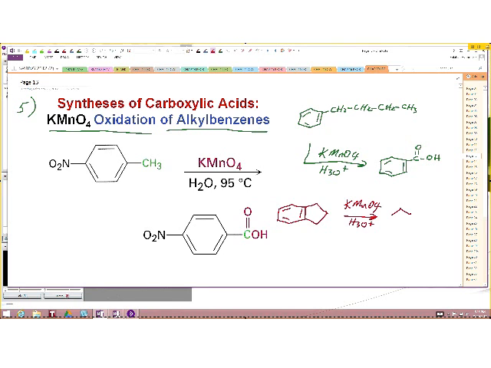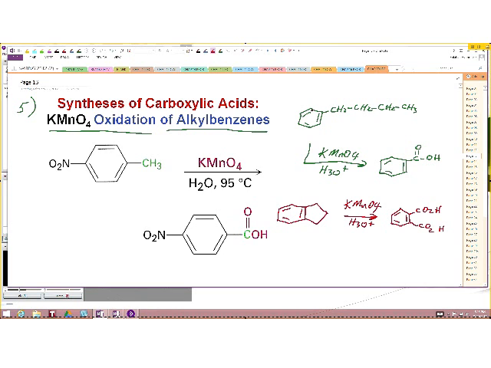So in that case you are going to end up with a dicarboxylic acid. It does not matter what kind of alkyl group you have attached to the benzene ring. Everything will be converted to carbon dioxide except for the carbon that is attached to the benzene ring, and that carbon will be converted to a carboxyl group. So this is another method for making carboxylic acid.